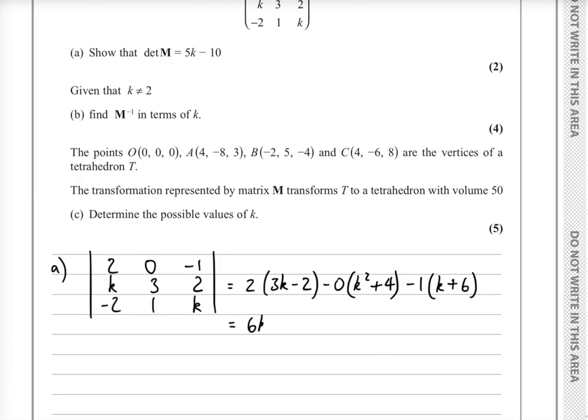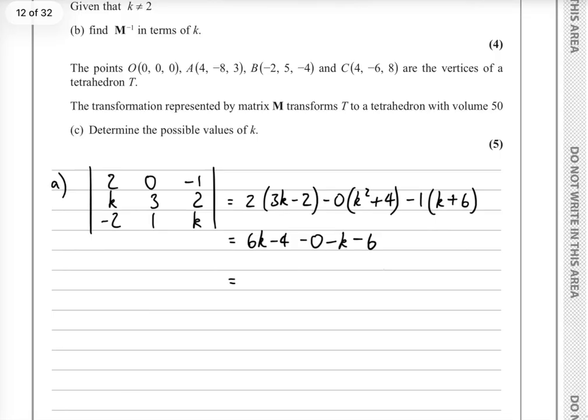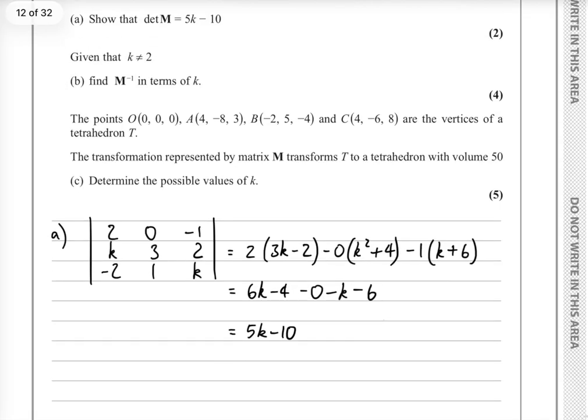This gives us 6k minus 4 minus 0 minus k minus 6, and that is 5k minus 10. That matches what we've been given.